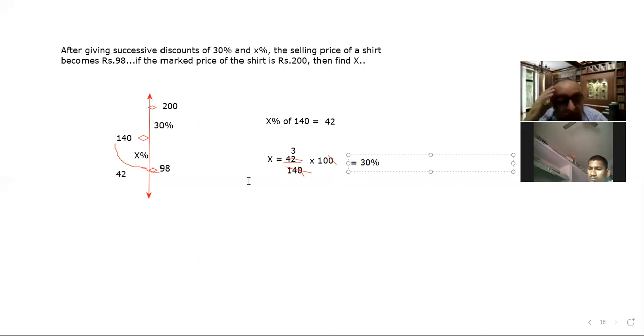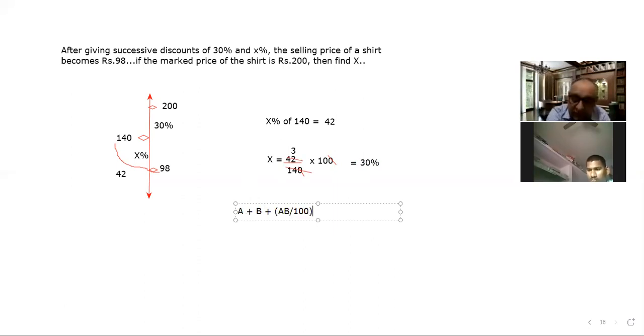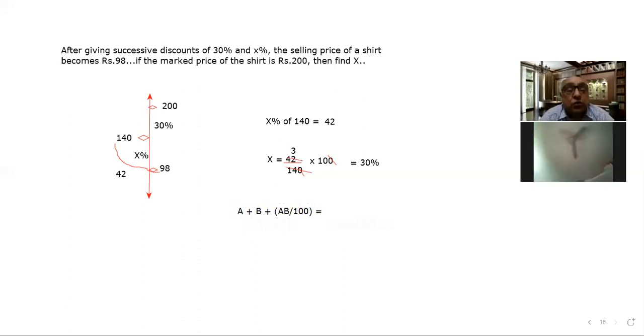The other way of solving the question is that one discount is A and the second discount is B, and the total is A plus B plus AB upon 100. Because both are discounts, A will be negative and B will be negative, and that will be equal to the total discount. What is the total discount here?